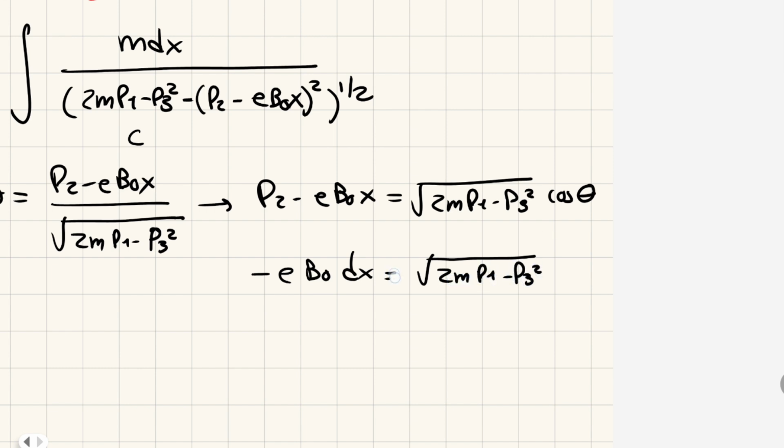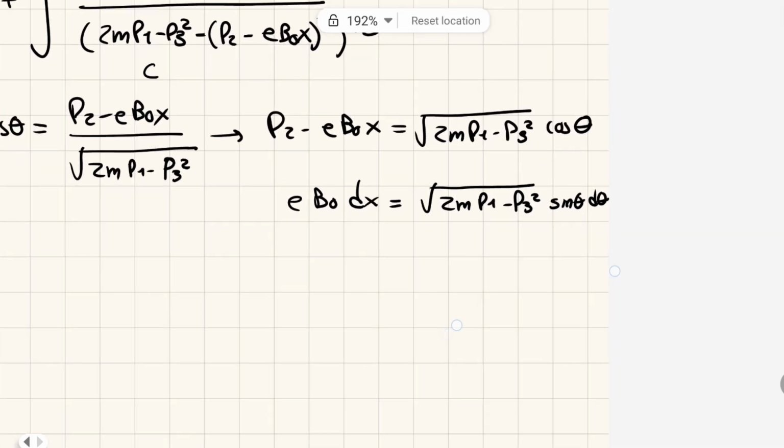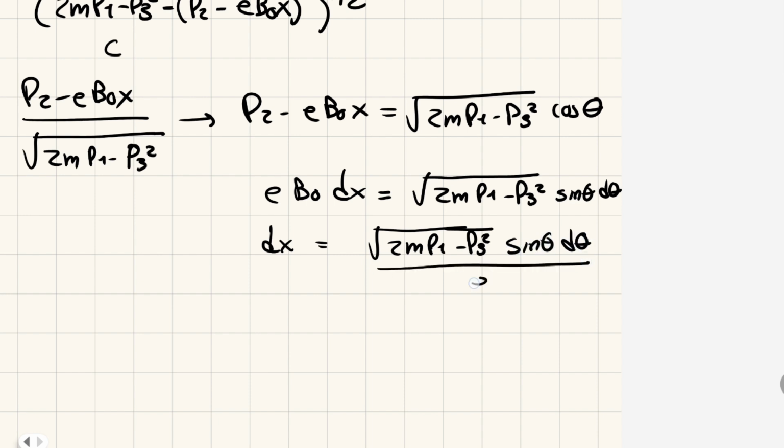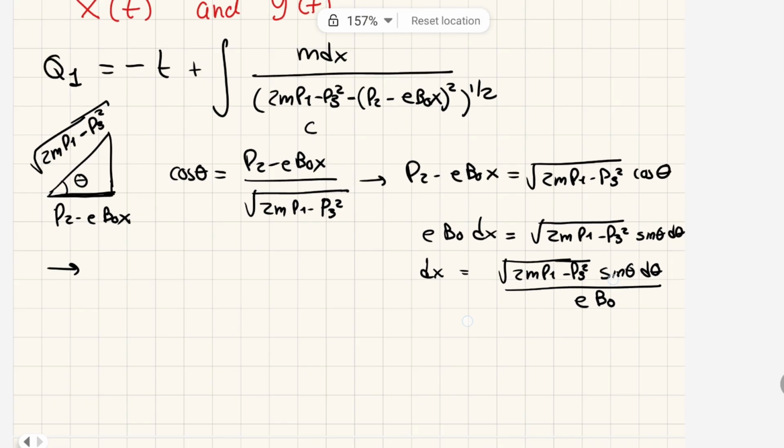And then here we will have a minus sine of theta, of course, but this minus is going to be cancelled, and then it will be sine theta d theta, right? So with this, we can get that dx is equal to the square root of 2mp1 minus p3 squared sine theta d theta divided by EB0.